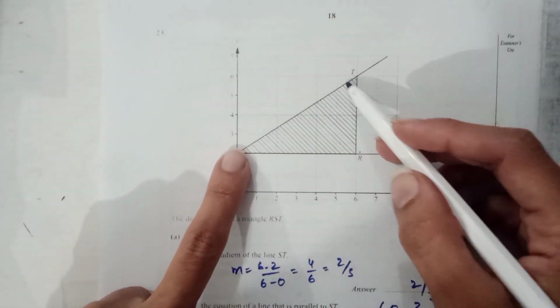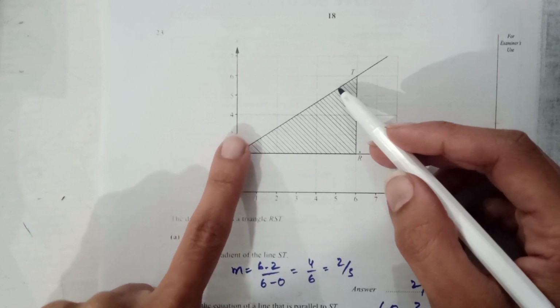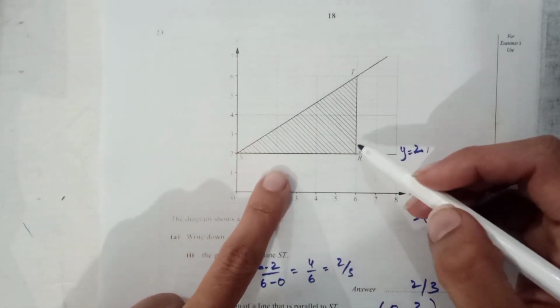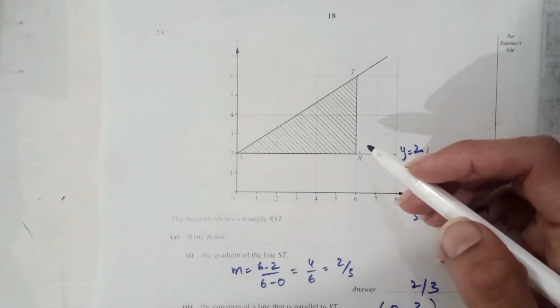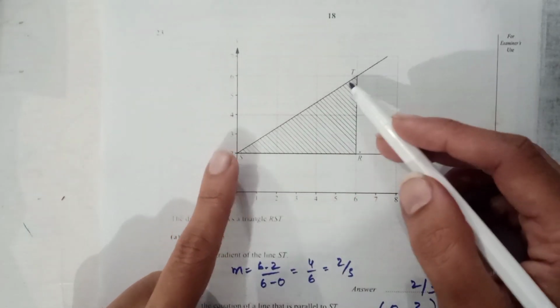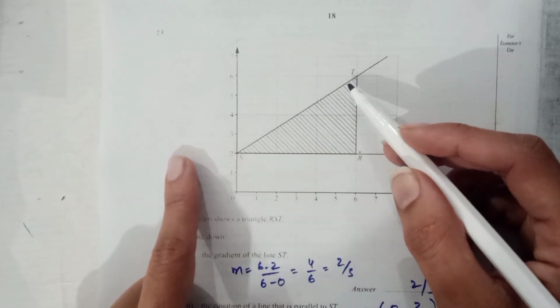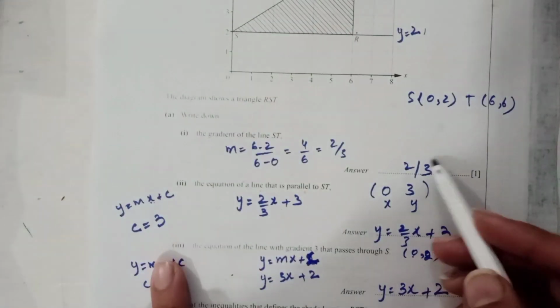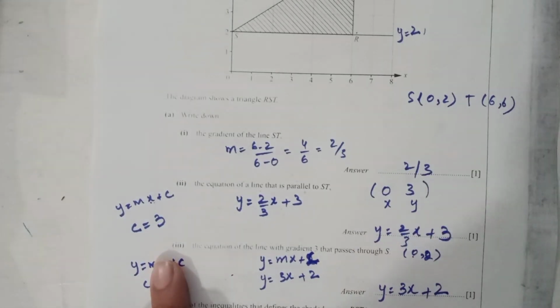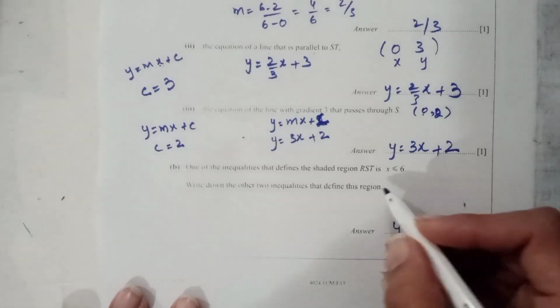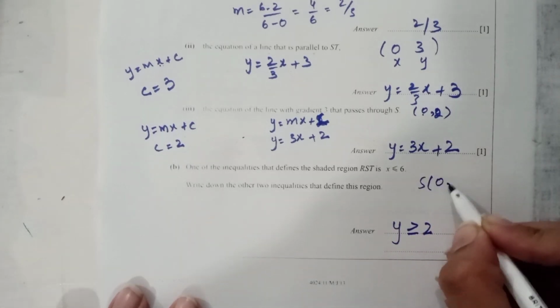To find the inequality according to the line ST, we see that all the points lie under the line ST. First we have to find the equation of ST. We already found its gradient, which is 2 by 3. We know that the point S is 0 and 2.